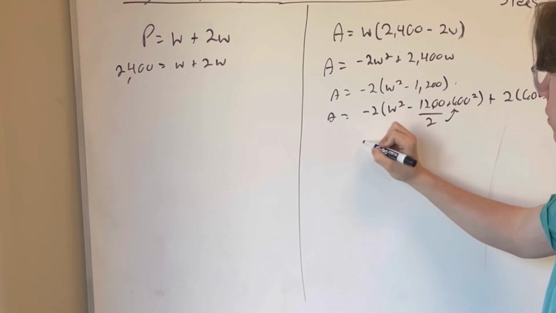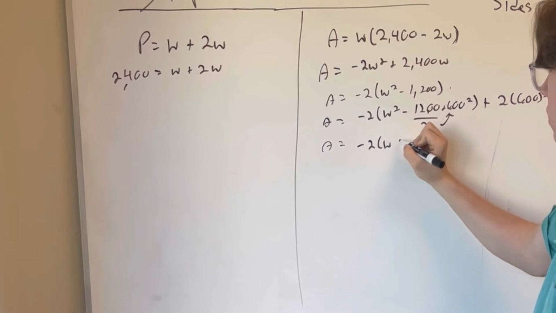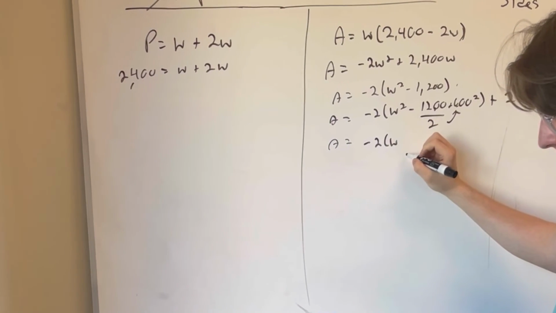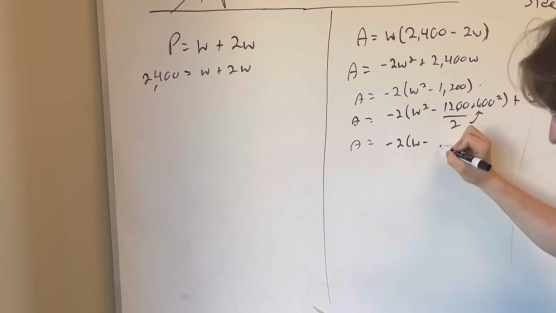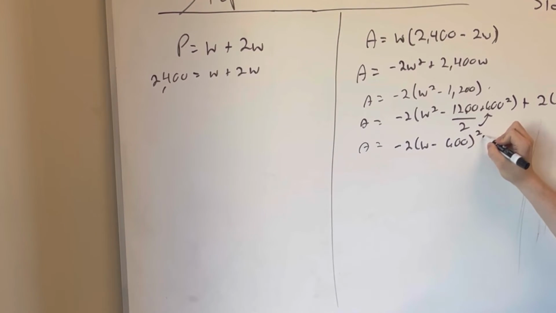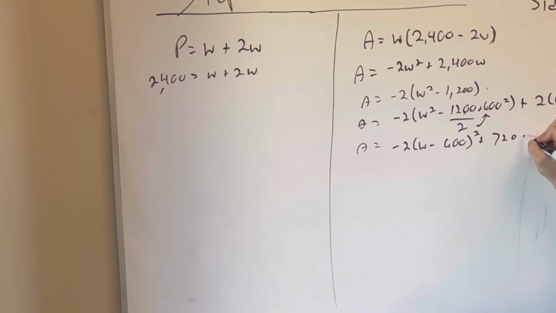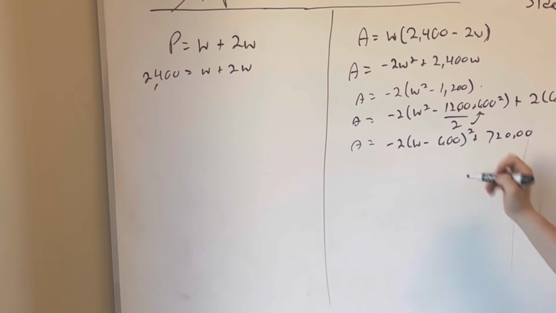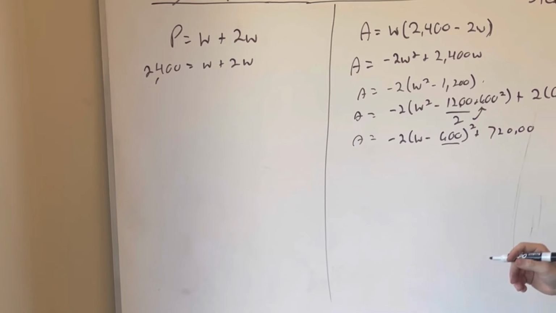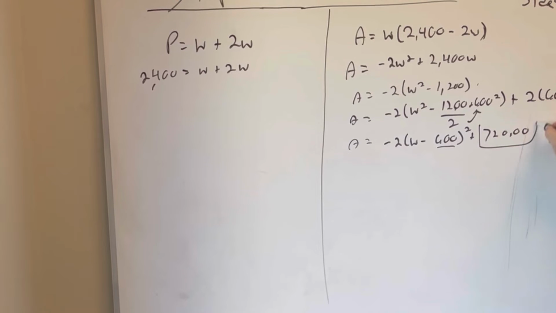So this is going to equal A equals negative 2 times W minus 600 squared plus 720,000. Now the 600 will be the length of our sides, because that is where the vertex happens, and 720,000 will be the maximum area.